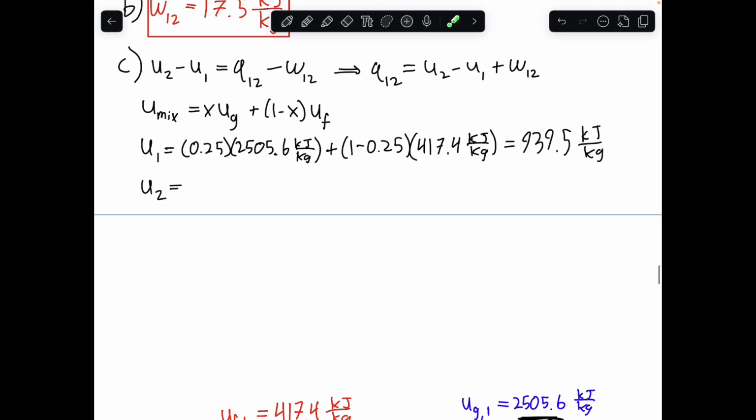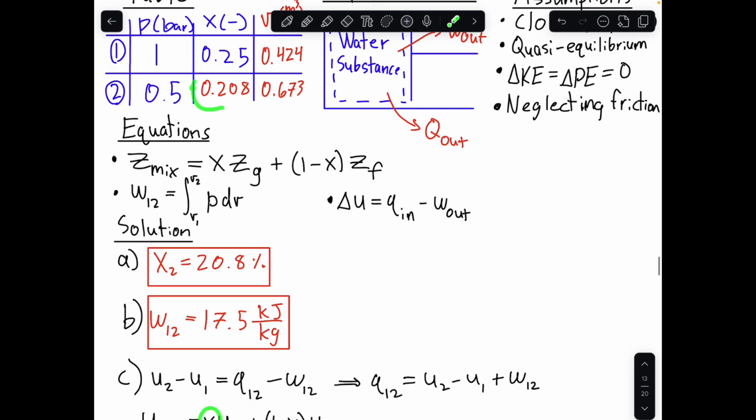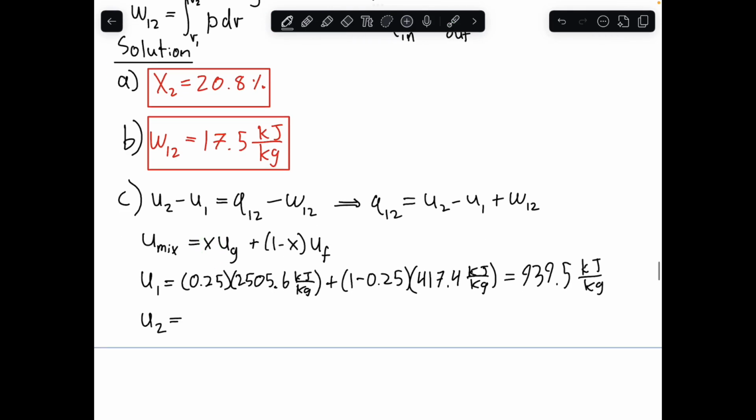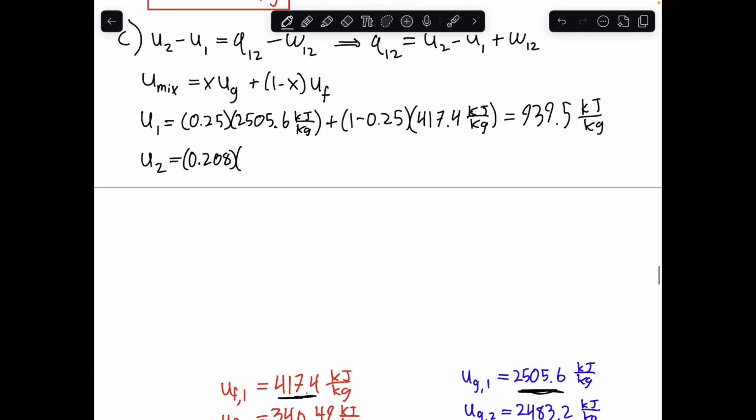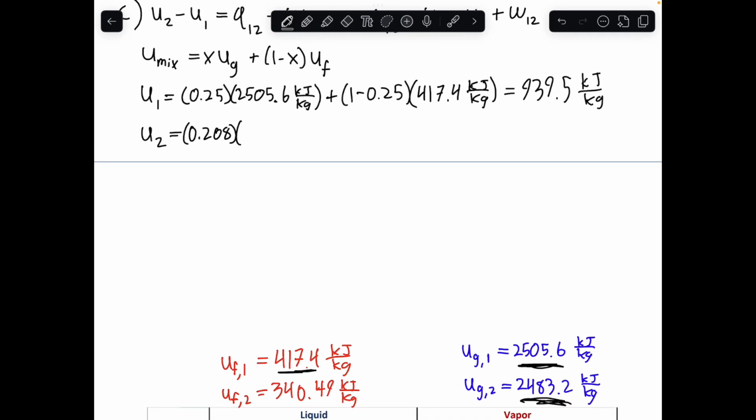And then we can do the same thing to solve for the specific internal energy at state 2. So we need x2, which is 0.208, times the UG at state 2, which is this 2483.2 kilojoules per kilogram, plus 1 minus the quality of 0.208, times this UF2, which is 340.49 kilojoules per kilogram.